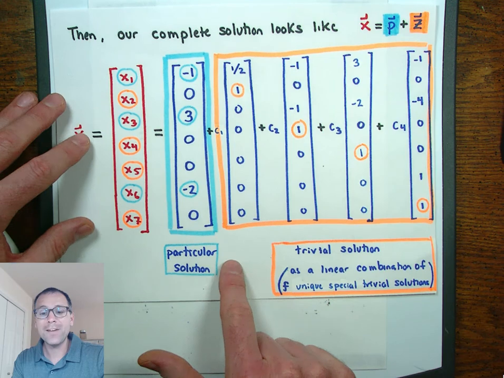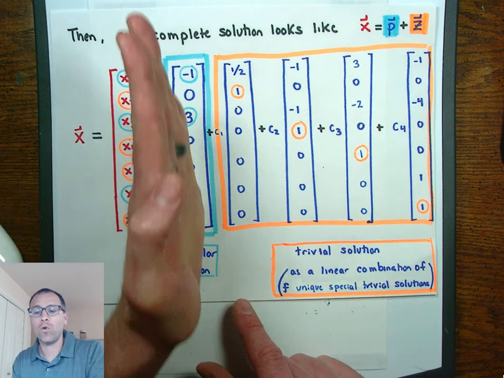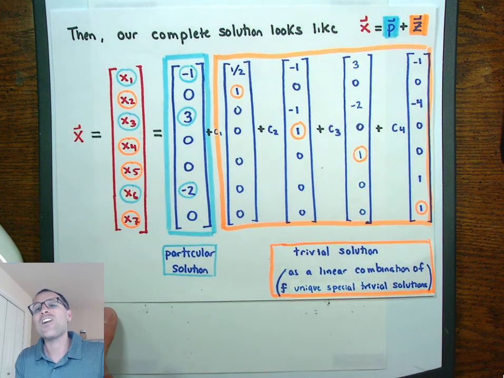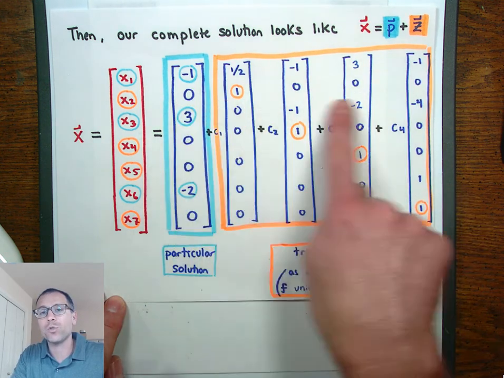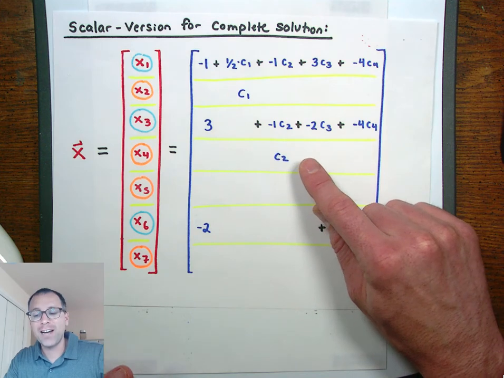For the specific equation that we have written here, I am writing this in vector form, so I have a vector plus a linear combination of the other vectors. I can also write this in scalar form by just combining the individual scalars along the row, which would produce this vector overall.